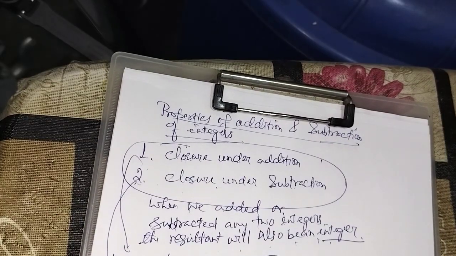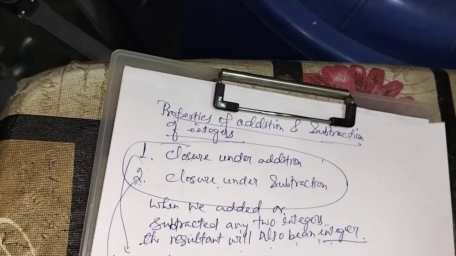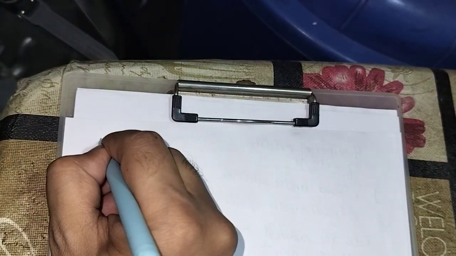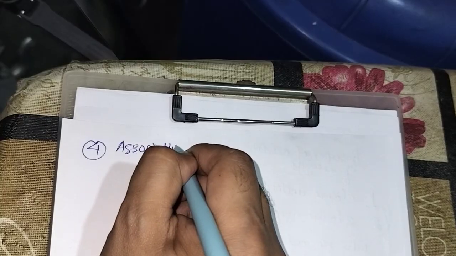Now let's move to our next property, that is number 4, associative property.